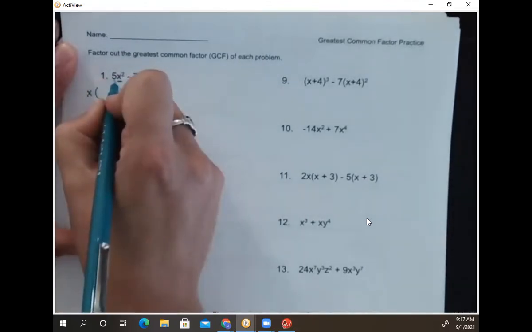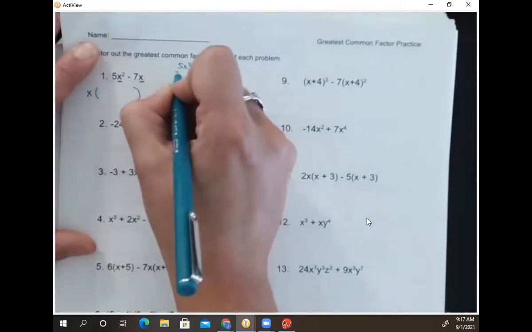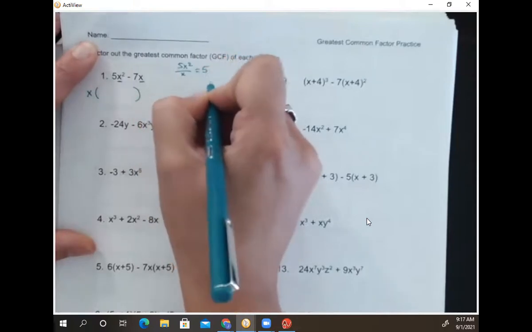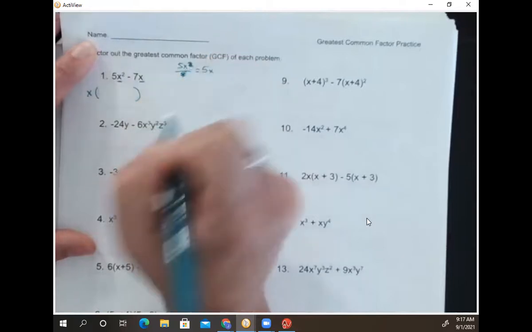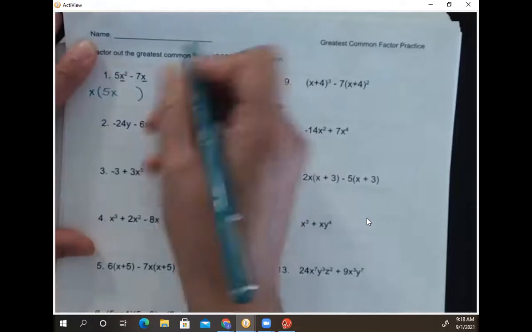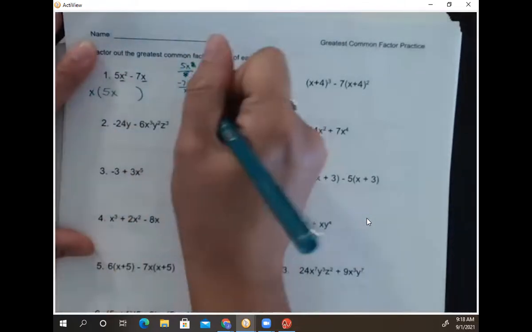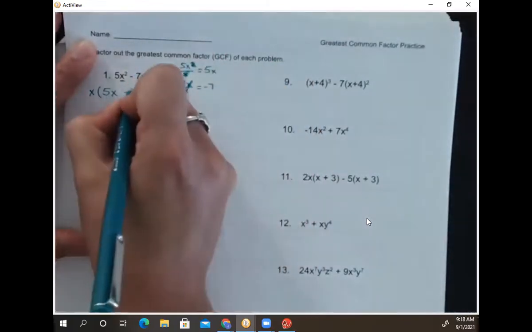So 5x squared, if I divide out x, so this in my head is what I'm doing. 5x squared divided by x. Well, that would leave me with 5x, right? This x down here reduces with one of the x's here. So that's what I'm going to write in parentheses. And then I've got negative 7x, and I want to divide out x. So those x's would be gone, and I would just have that minus 7.